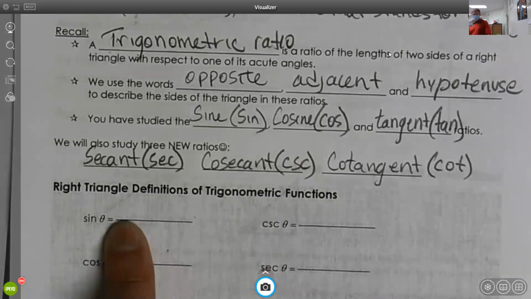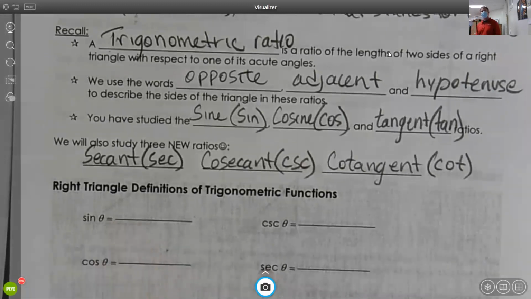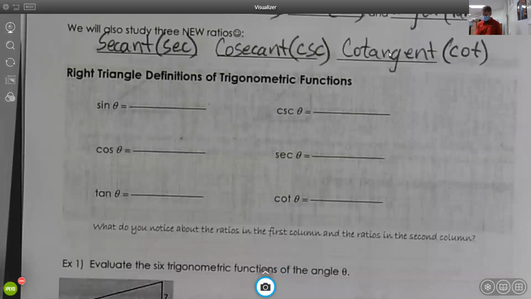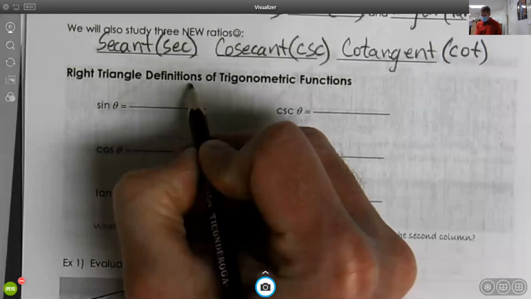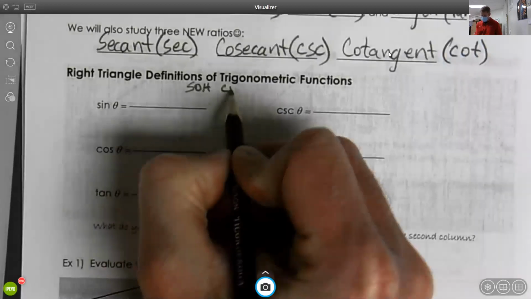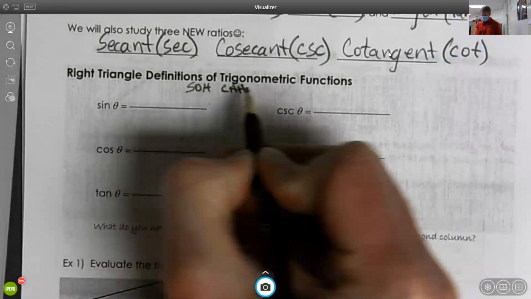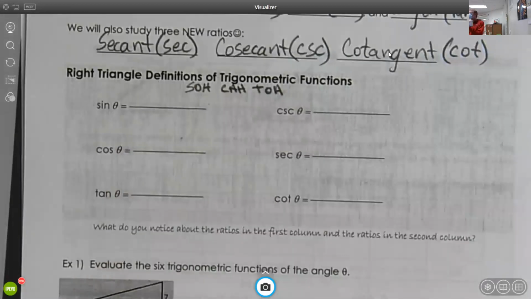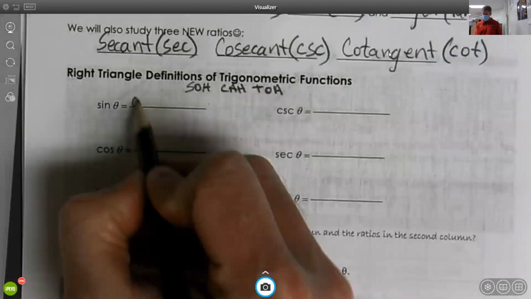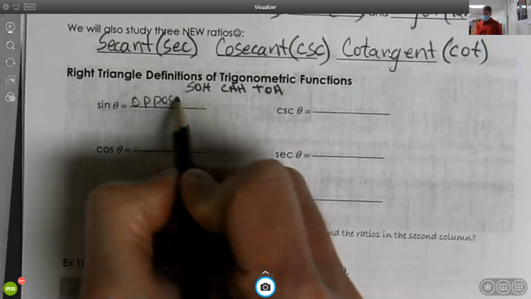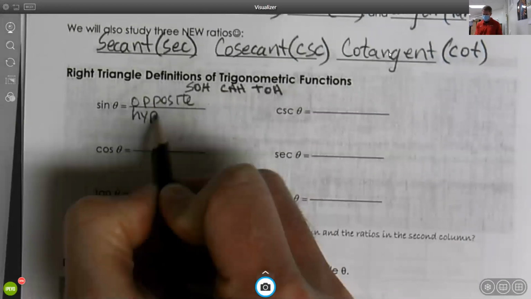What you are familiar with in terms of the ratios themselves, if you think about SOHCAHTOA, that helps you remember your 3 trig function ratios: sine is the opposite over hypotenuse.